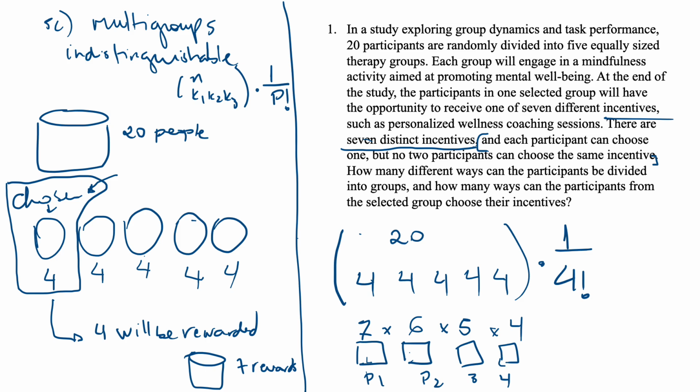Now, because this is a subsequent task, first I'm going to group, then these 4 people will choose the awards. All these possibilities here, because I could have gotten different people here. There are several options. They're all inside this big formula, but every single one of these options will branch into the different decisions that these 4 people can make.